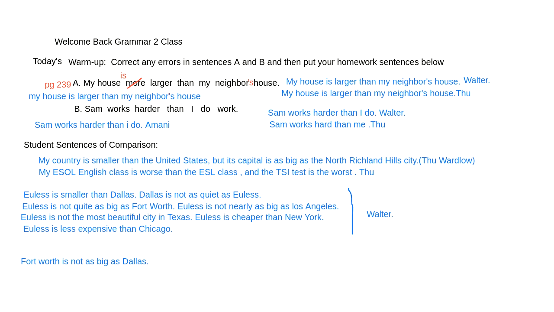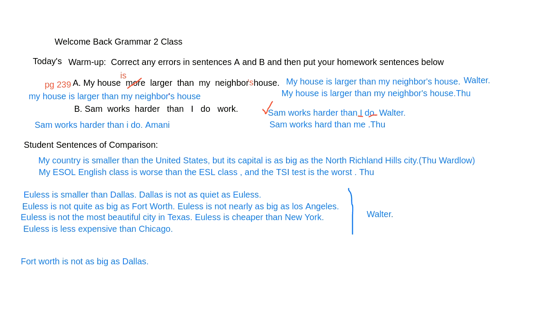Walter, you said Sam works harder than I do. Yes. That is one way to do it. There's actually 3 ways that we could do this. So that's one way. So what did he do? He put the subject, I, and just the auxiliary, do. Okay? That's one way to finish the comparative sentence.